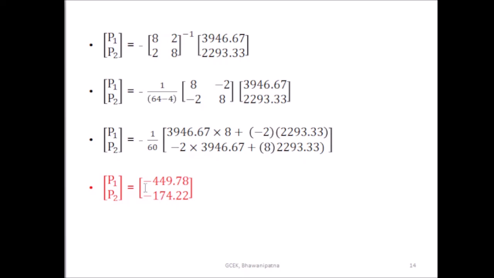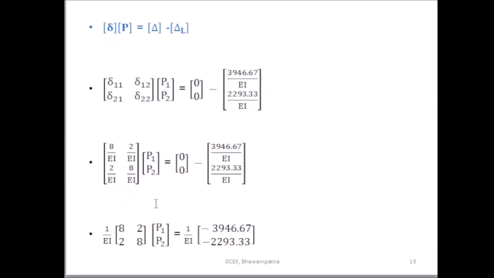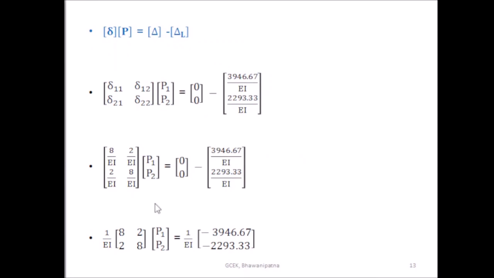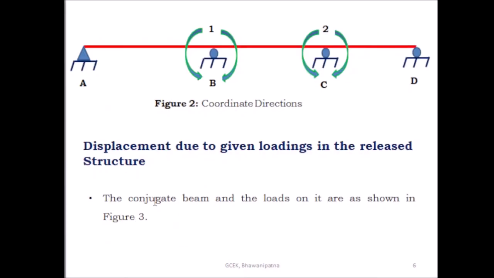Here you see you got the negative sign, and here you have given the direction of the coordinate. This side is anti-clockwise, this side is clockwise. But you got P1 as a negative value and P2 as a negative value. So just change the direction of the coordinate.